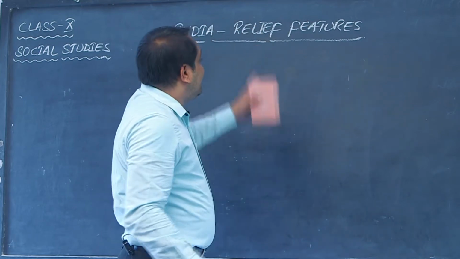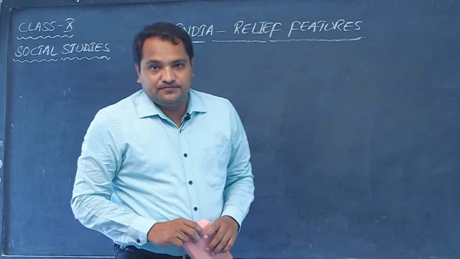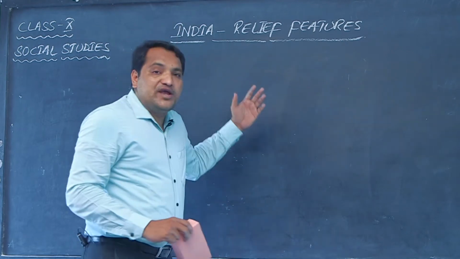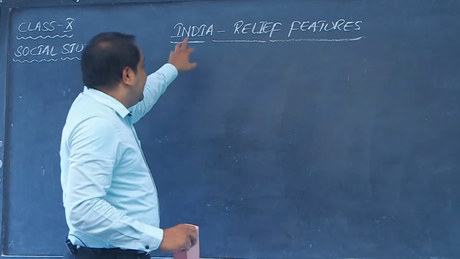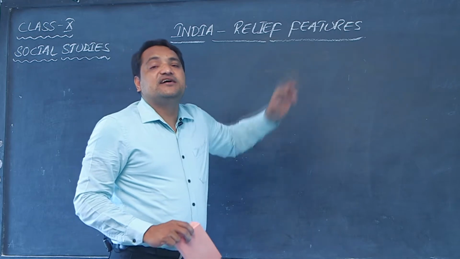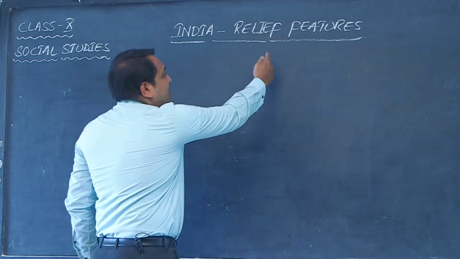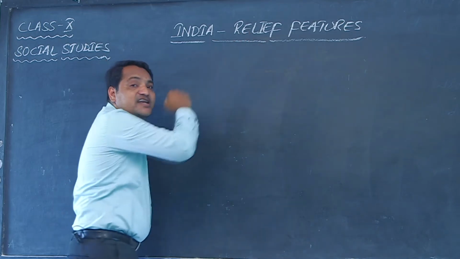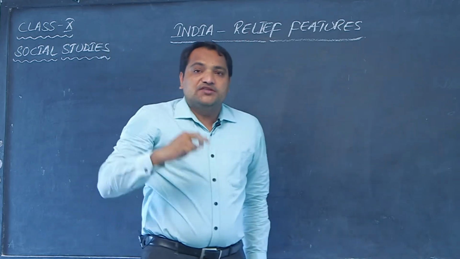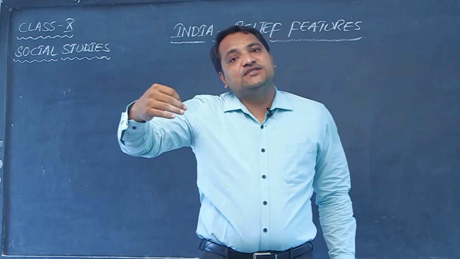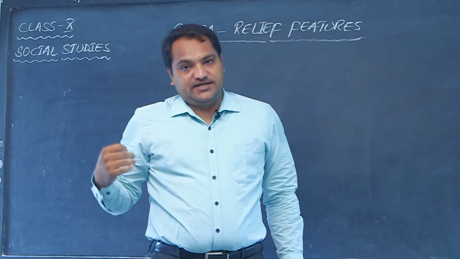So first, let us start with the geography. In geography, we are learning India and its relief features. First, let us try to understand what the word relief stands for. The word relief has 3 to 4 meanings in the dictionary.